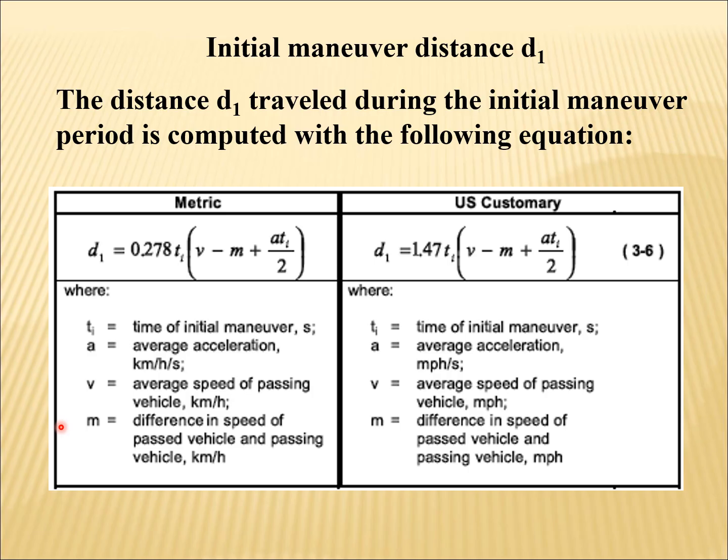So by using this formula you can get D1. Similarly, if you want to get that distance in feet by using the average speed in miles per hour, you can use this particular formula.